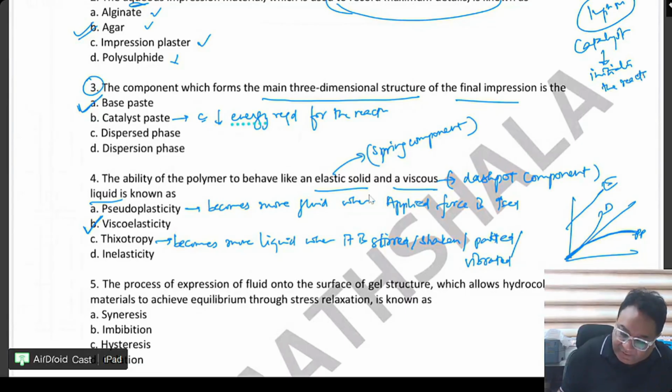You can compare catalyst with an enzyme which decreases the activation energy for the reaction. Catalyst is actually not going to take part in the main reaction. But in impression material, catalyst is the word which Phillips says is used for initiating the reaction.